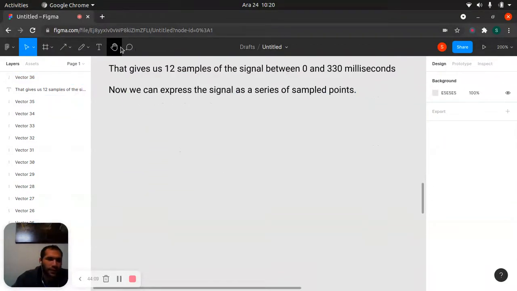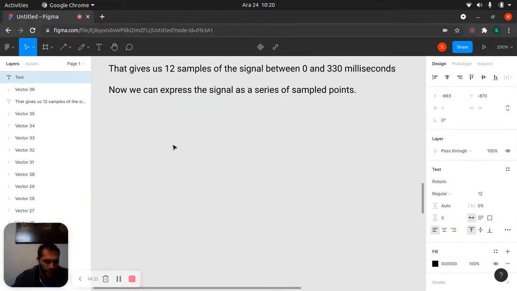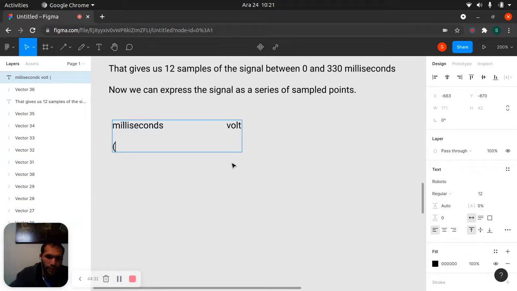Okay, let's come down and here we can say milliseconds. This place can be volts. This one, 0. Maybe I can do it with parentheses.